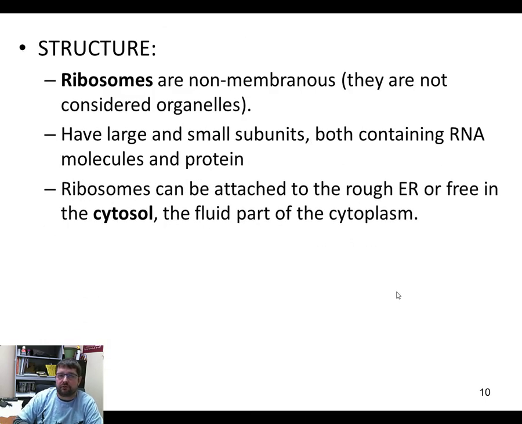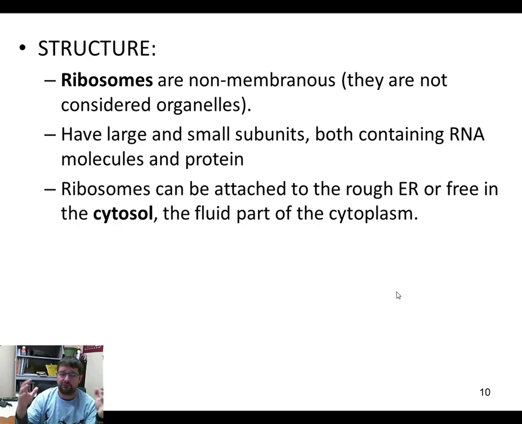Ribosomes. Okay? This is kind of a tricky one, because ribosomes are not organelles. So they really don't belong in the organelles section. Now they act like organelles, right? But because they do not have membranes, right, they consist of two subunits, a large subunit and a small subunit.